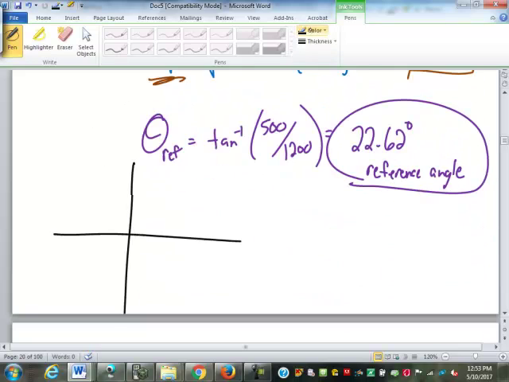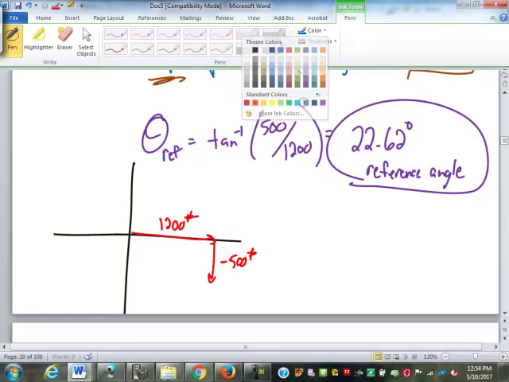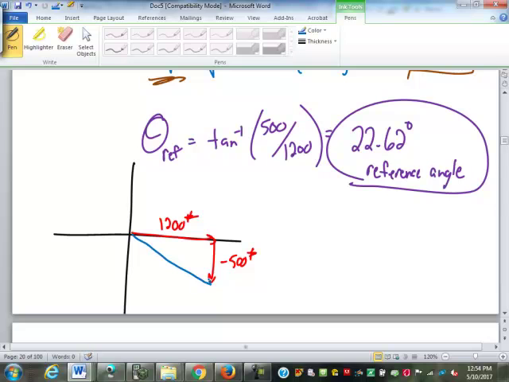Exactly. So we had Px is 1,200, that's right here. Py is a negative 500. So what that means is that 1,300 pound magnitude is right here. This is that reference angle of 22.62 degrees.